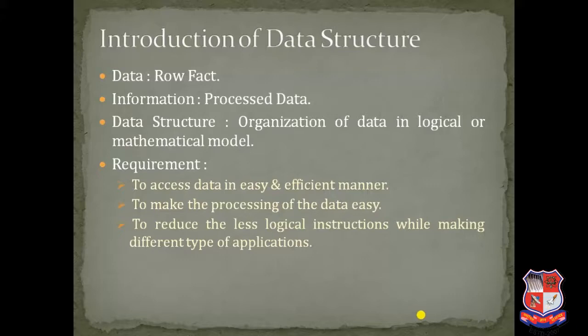Similarly, information. Information is processed data. When we process a specific data, then that data becomes the information. Data structure is an organization of data in a logical or mathematical model.